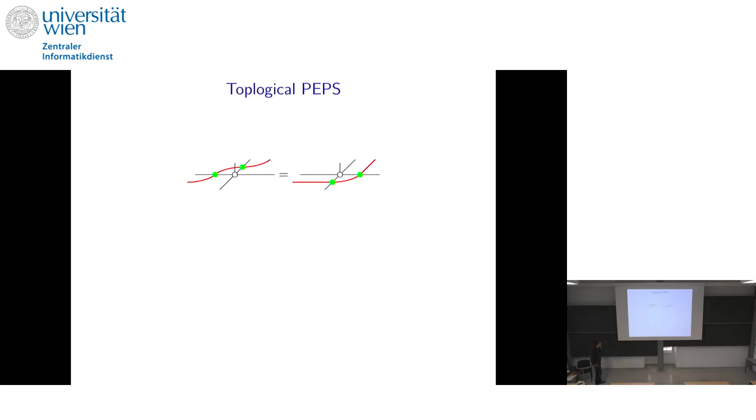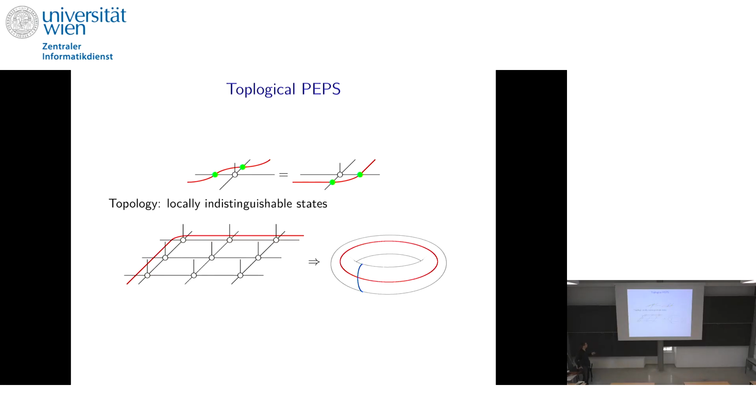All right, so as I told you, and you probably know, the topological order in PEPS is due to the presence of some symmetries, pulling through conditions, where you have some MPOs in your PEPS that you can pull through the whole system. Using these pulling through equations, you can take this MPO and pull it through the whole system.